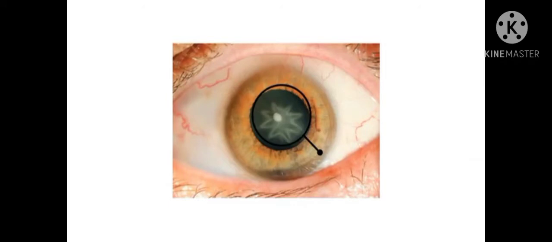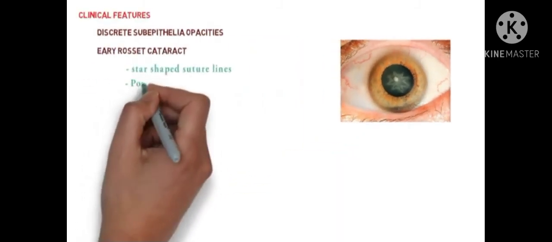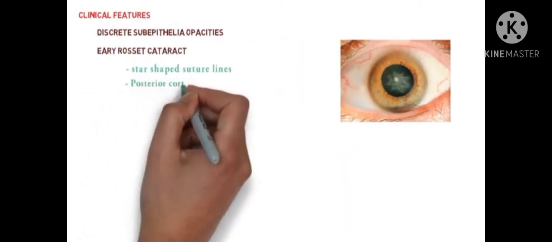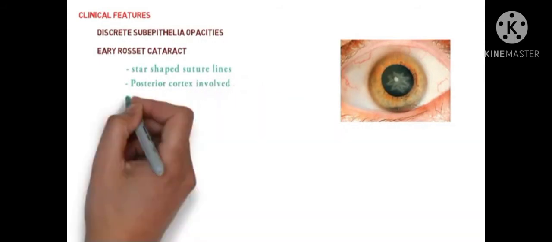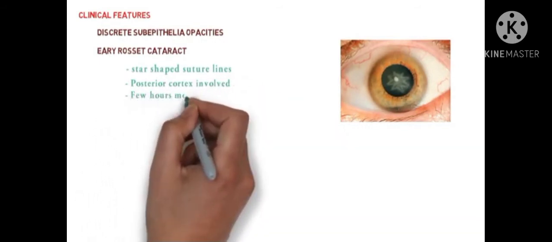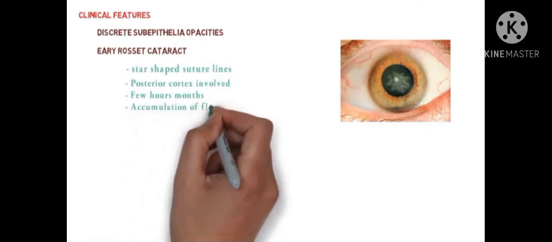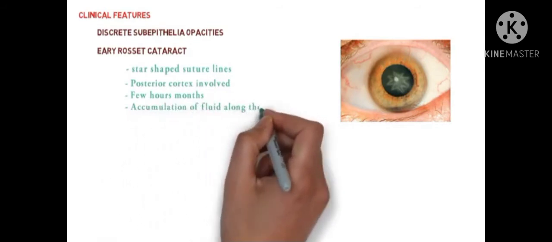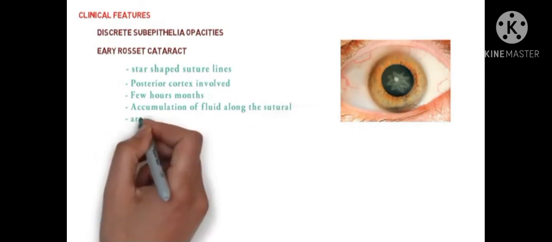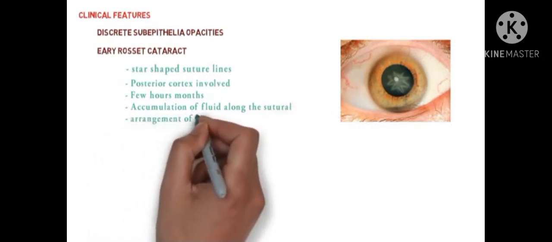This is the important sign for the detection of early rosette cataract, in which the posterior cortex is involved, and it occurs a few hours or months after the injury. Then there is an accumulation of fluid along with the sutural arrangement of the lens fiber, and this is the most typical form of concussion cataract.